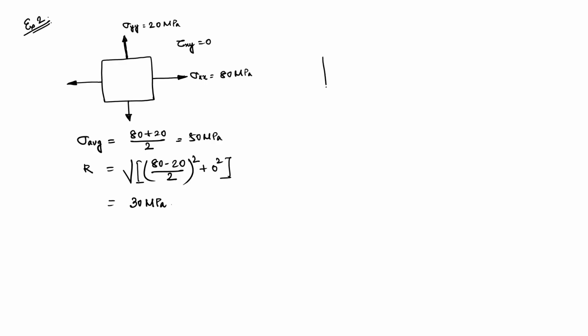Now, if you draw the Mohr circle, we have one point here, that is the plane A, because it has no shear stress. This is sigma xx, which is 80 MPa, and then we have sigma yy, which is 20 MPa, and then the average of that is here.